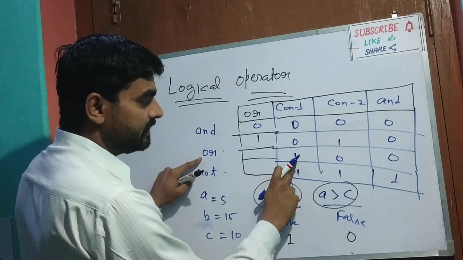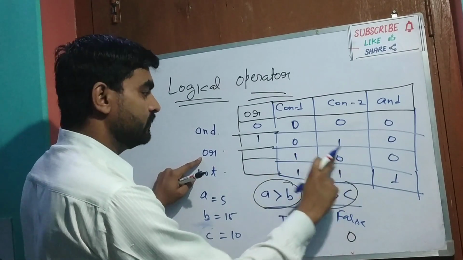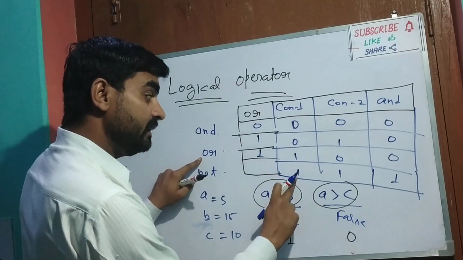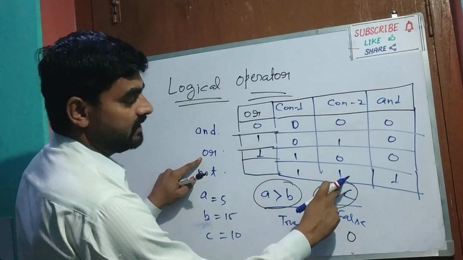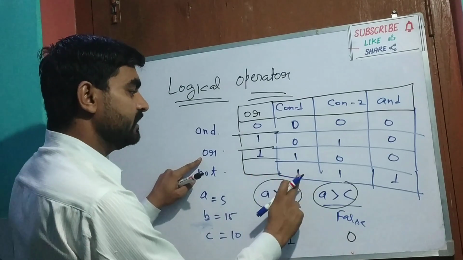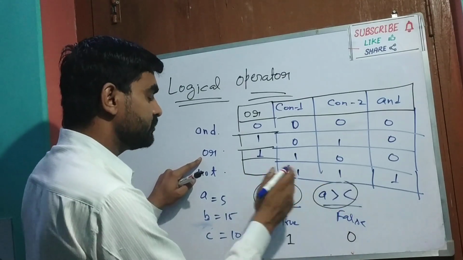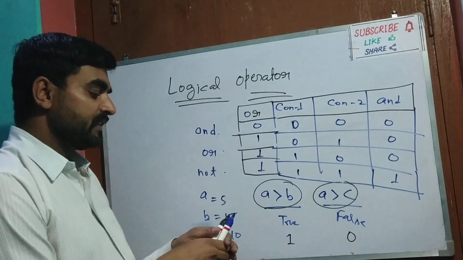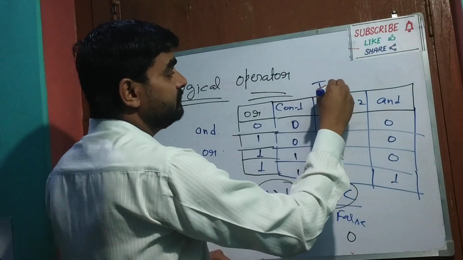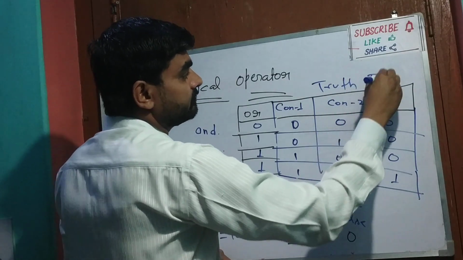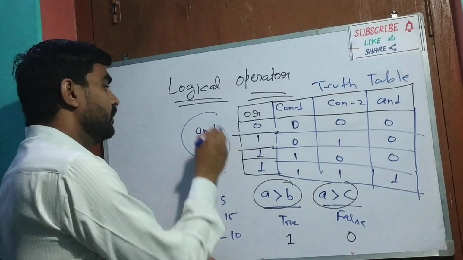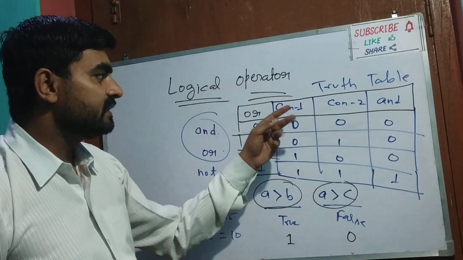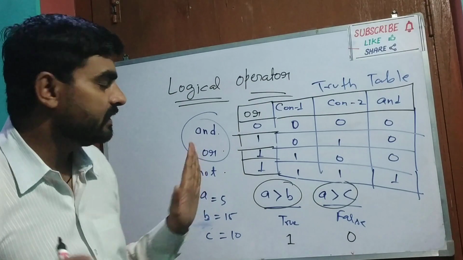If the first condition is true and the second is false, collectively it becomes true. And if both the first and second conditions are true, together it becomes true. So student, it is a simple truth table for and, or. Just go through this explanation at least two or three times, then it will become easy for you.